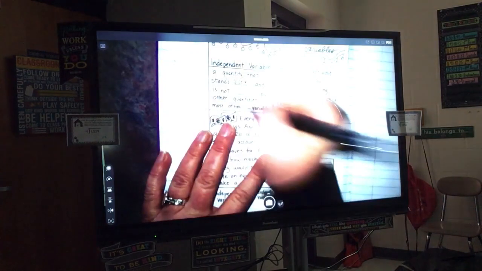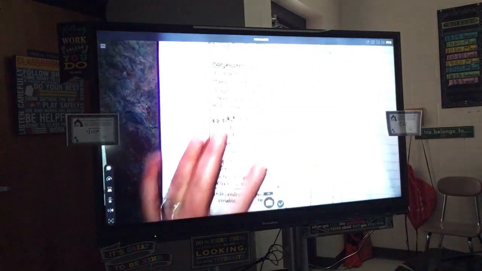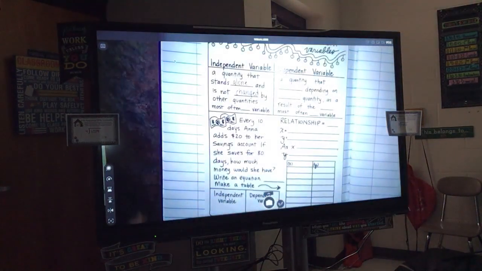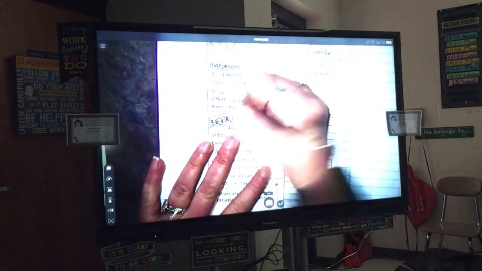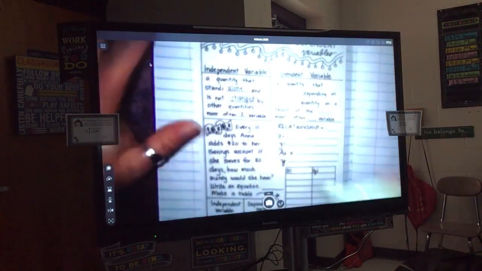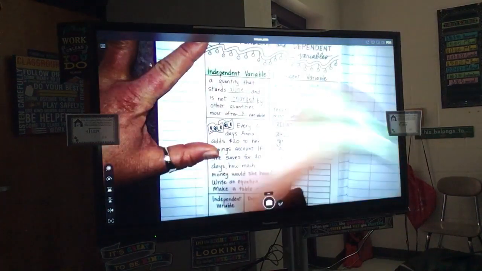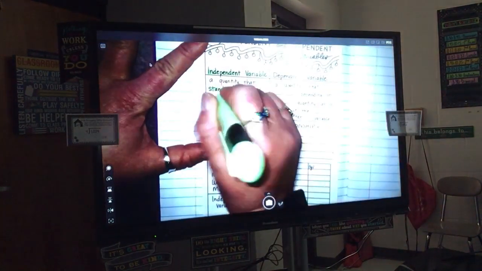and is not changed by other quantities, most often the x variable. All right, so then go back in and highlight independent variable, stands alone, is not changed.